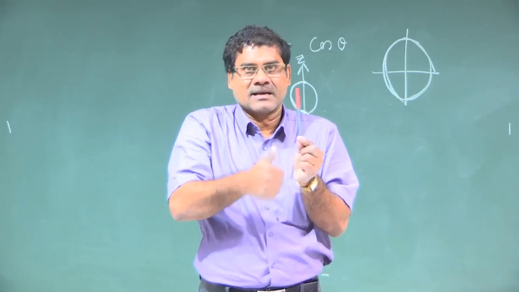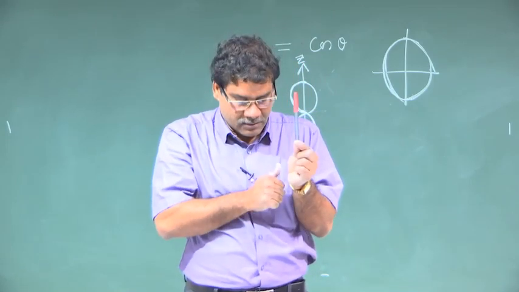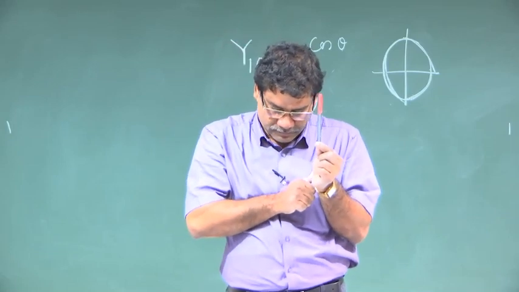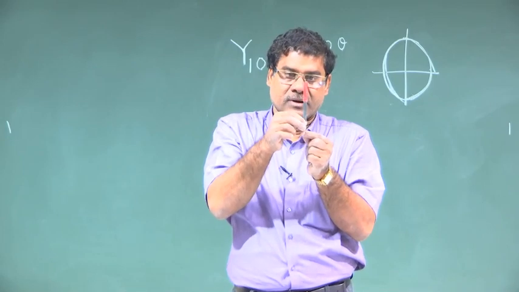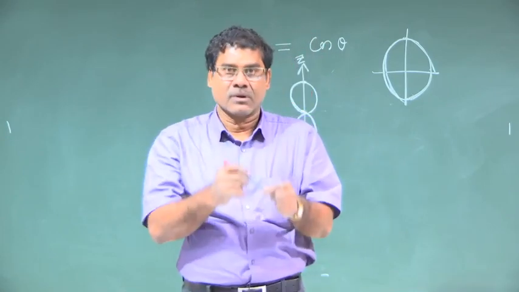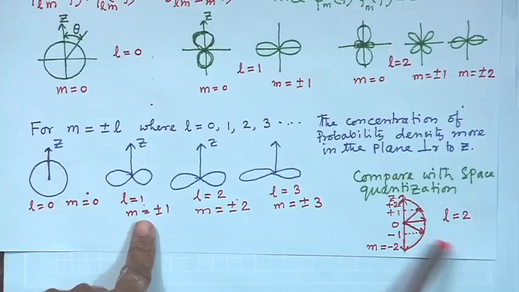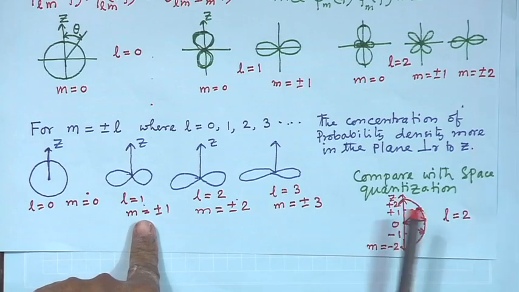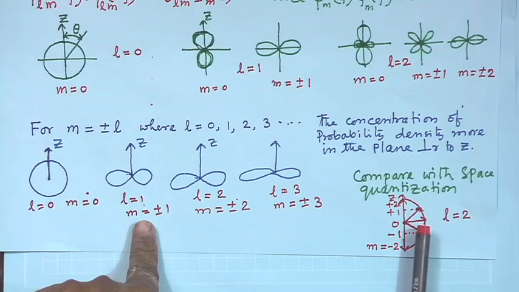That is the direction of the angular momentum. For space quantization for a particular L value, here I have shown you L equal to 2. For L equal to 2, the m values will be 0, plus minus 1, plus minus 2.